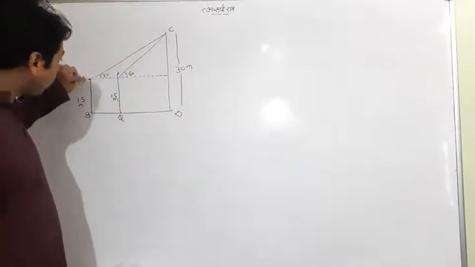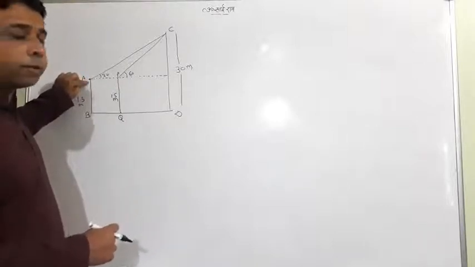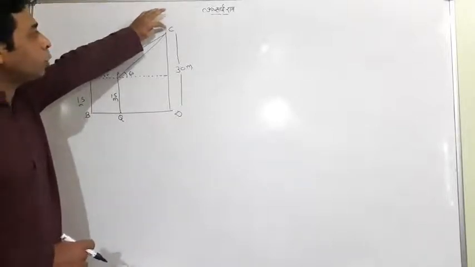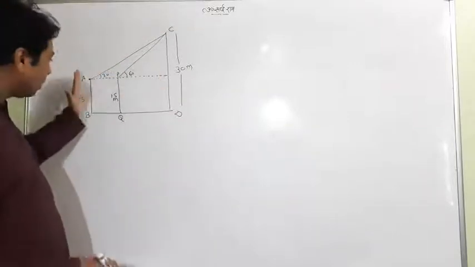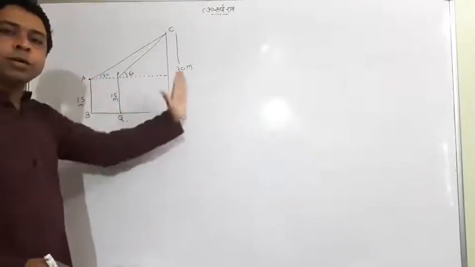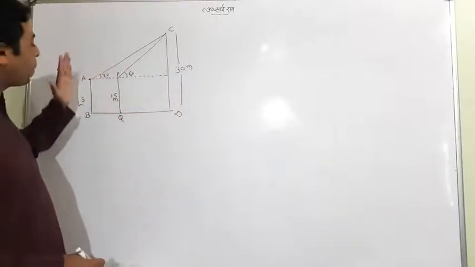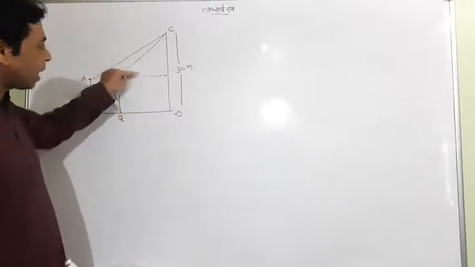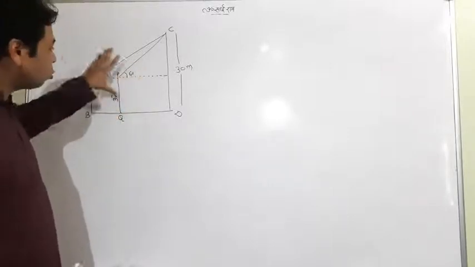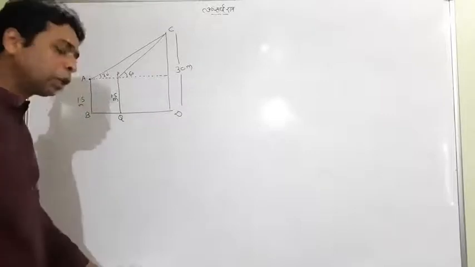So the angle of elevation of the top from this point, the observer's eye, is 30 and then 60 when he approaches the building slowly. For the first position it was 30, but when he moves towards the building, at some instant the angle becomes 60. So these two situations are given, and the question says now find the distance he walked toward the building.